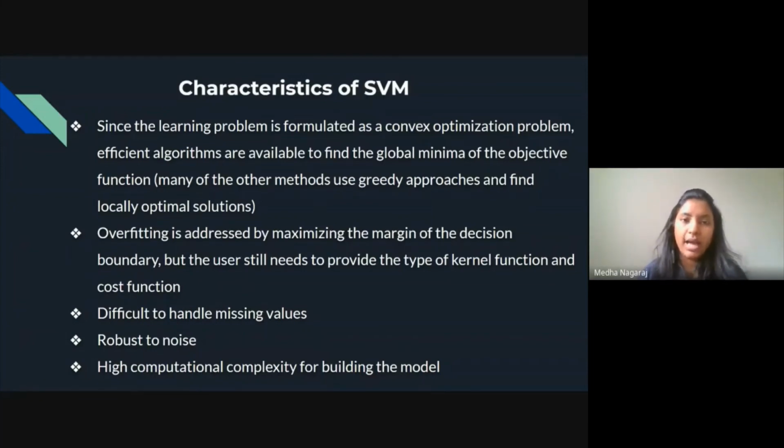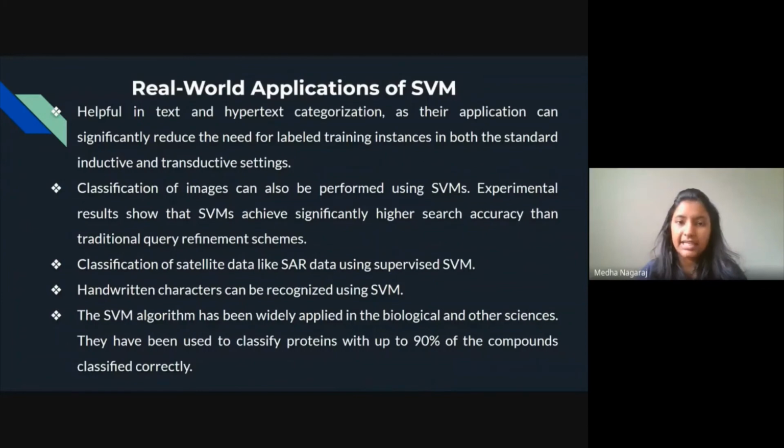Moving on to the applications of SVM that are used in the real world. It is helpful in text and hypertext categorization, and it significantly reduces the need for inductive and transductive settings. It helps in the classification of images.